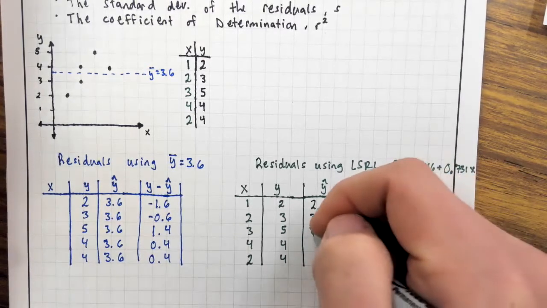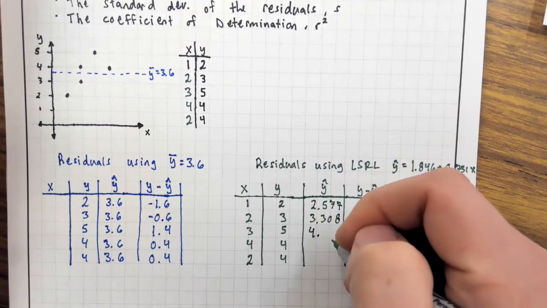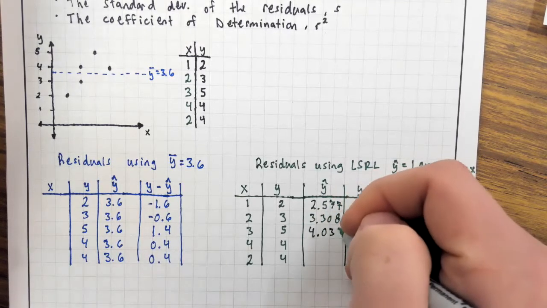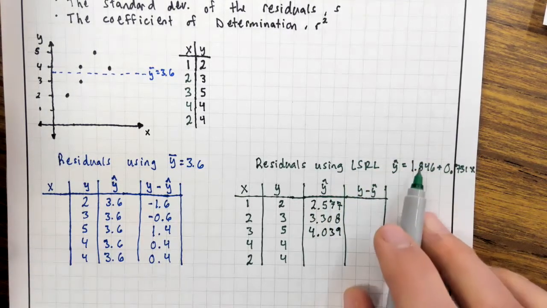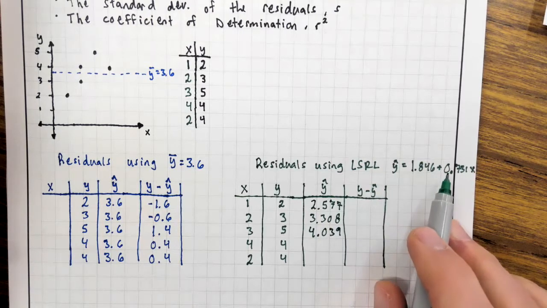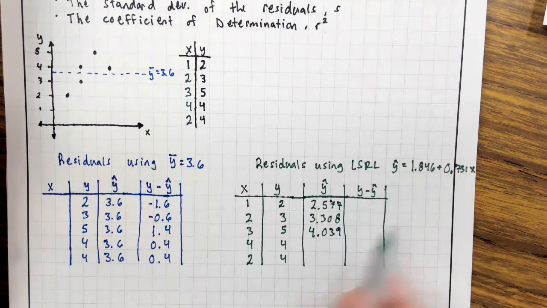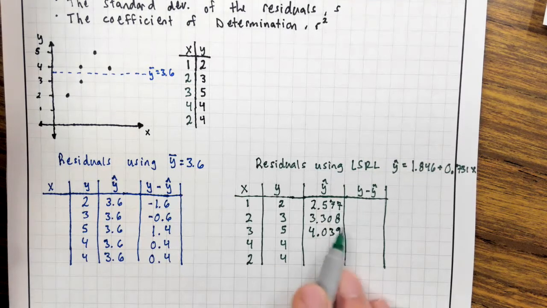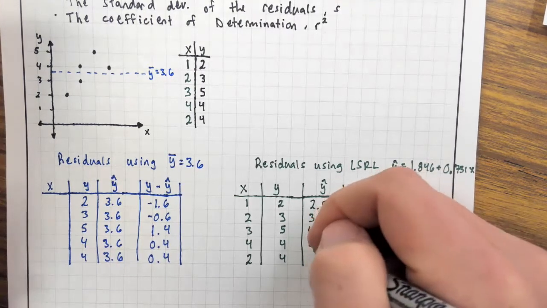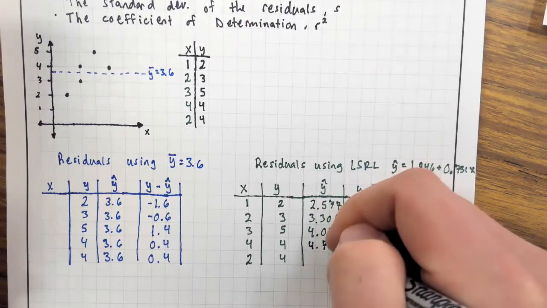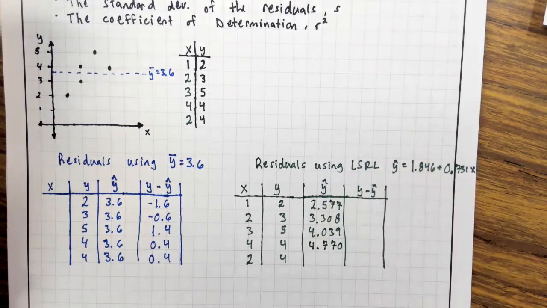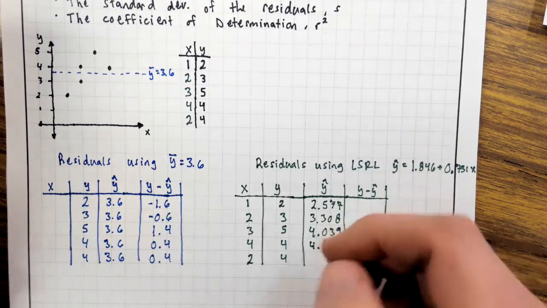Next predicted value is 4.039. So what that means, right, is if I did 1.846 plus 0.731 times 3, this is what the predicted value is, okay? And then next predicted value is 4.77. And then my last predicted value is 3.308.